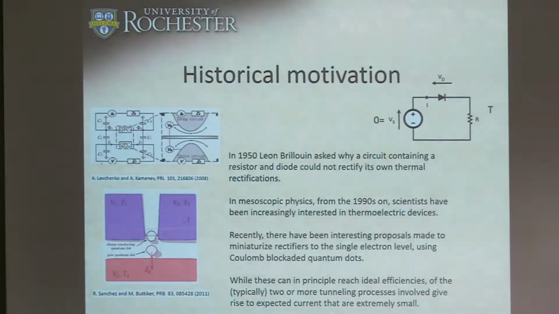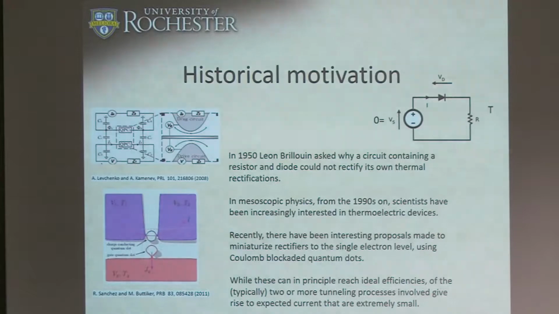I want to give some historical motivation for this in the context of electrical circuits. There's a really nice paper I found, written by Leon Brillouin back in 1950, with the following thought experiment. Suppose I have an electrical circuit that has, in principle, a battery, but let's just say a voltmeter, and I have a diode in my circuit, and I have a resistor, and the resistor has some temperature T associated with it.